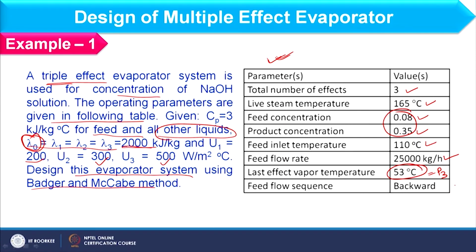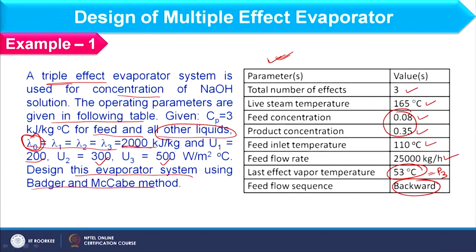So, as far as the feed flow sequence is concerned, it is considered as backward, and if you focus on this backward sequence, feed should enter from the last effect, then to the second effect and then to the first effect. If we focus on the overall heat transfer coefficient, you see the last effect overall heat transfer coefficient has the maximum value and it keeps on decreasing when we move from the last effect to the first effect, and the reason is very simple.